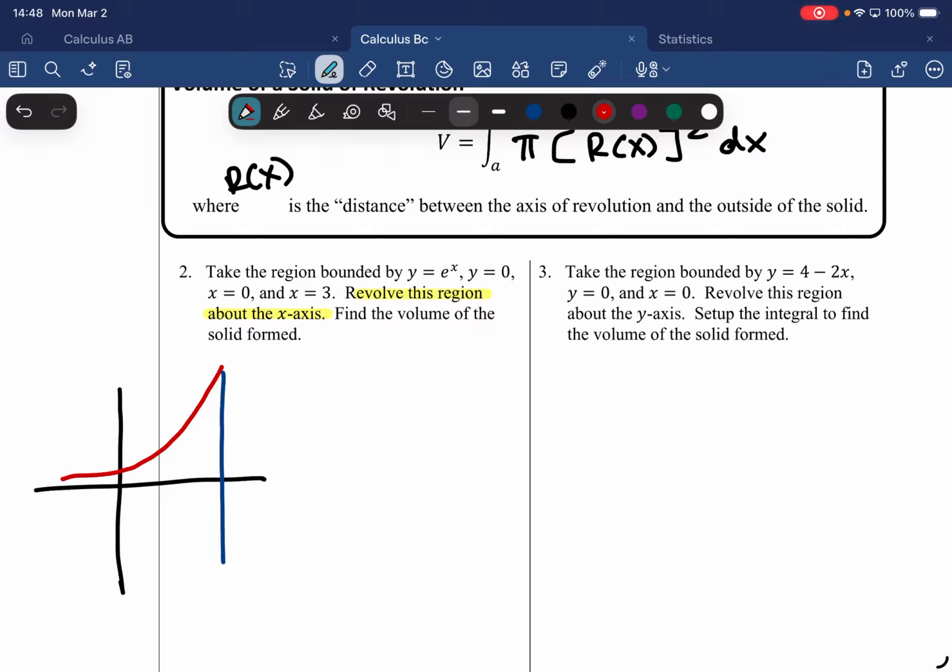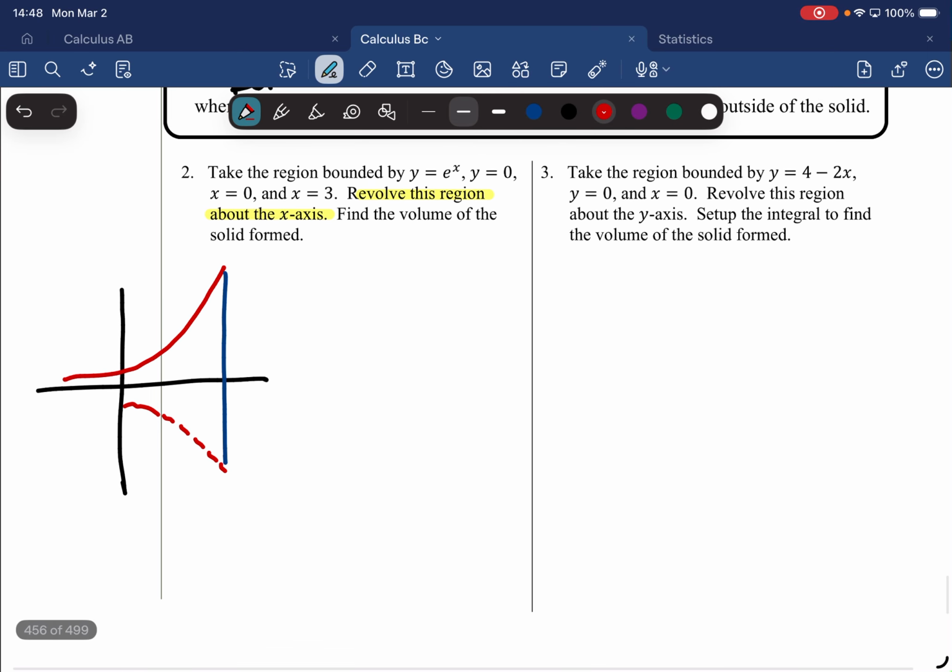Since I really don't need to go past the negatives on the x side, I'm just going to start right at the origin and go down. And again, since I'm revolving around the x-axis, I am going to be forming a circle.